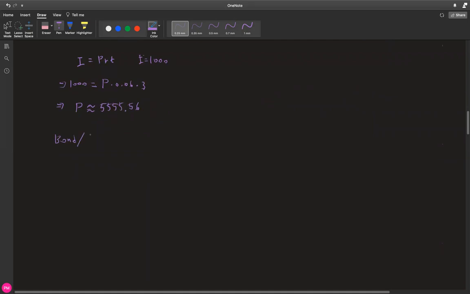Or this is also similar to CD, which is certificate of deposit. So when you buy a bond or when you are buying a CD, and the problem on Pearson, it's just going to say CD. It's not going to say certificate of deposit. So please understand the term here. That's why I'm defining here.